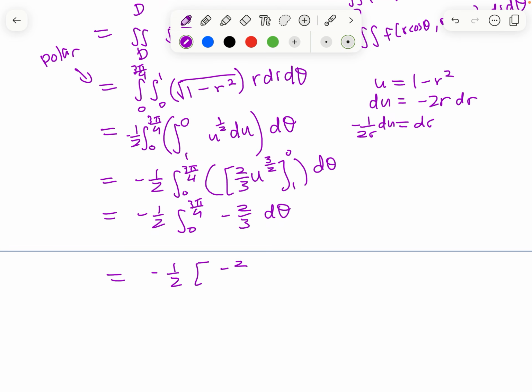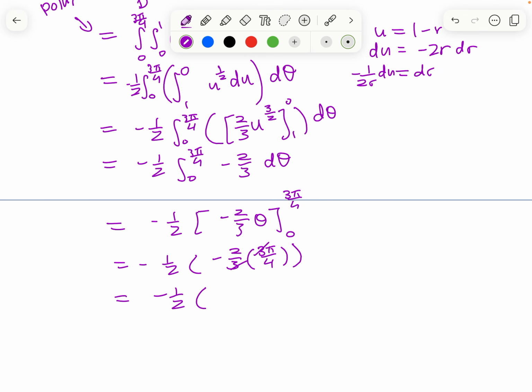Now we only have one integral left, so we can just solve that. Negative 2 over 3, if we integrate that, we just multiply by theta. Then if we plug in our values, we get negative 2 over 3 times 3 pi over 4 minus 0. To simplify, I can cancel out the 3, and I get negative pi over 4.